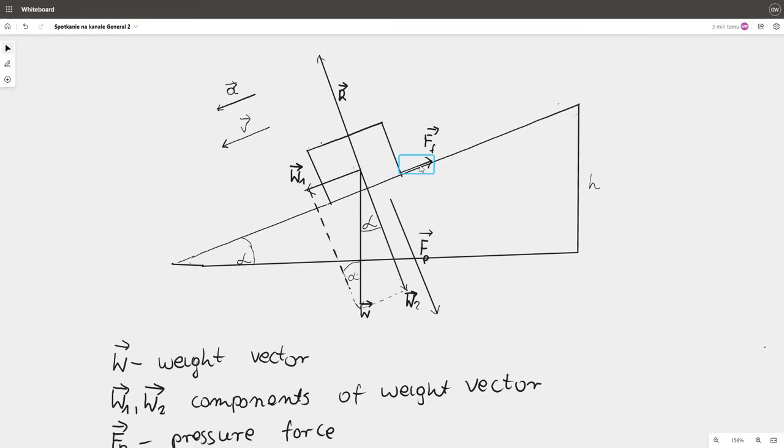Friction force, Ff, is always opposite to velocity and parallel to the ramp. It would be much easier to analyze the problem if we replace weight vector by its components W1 and W2.